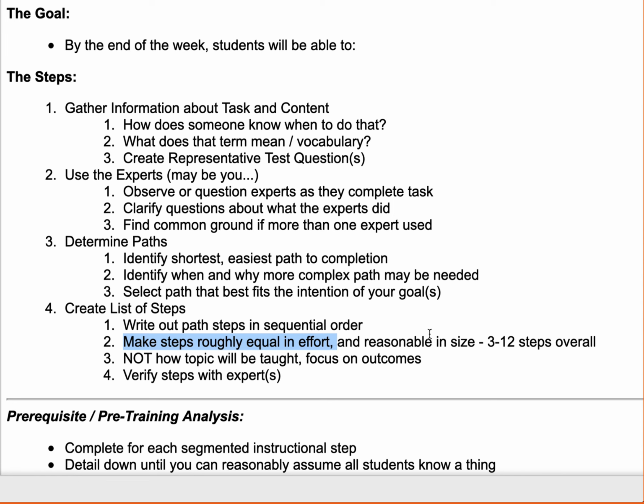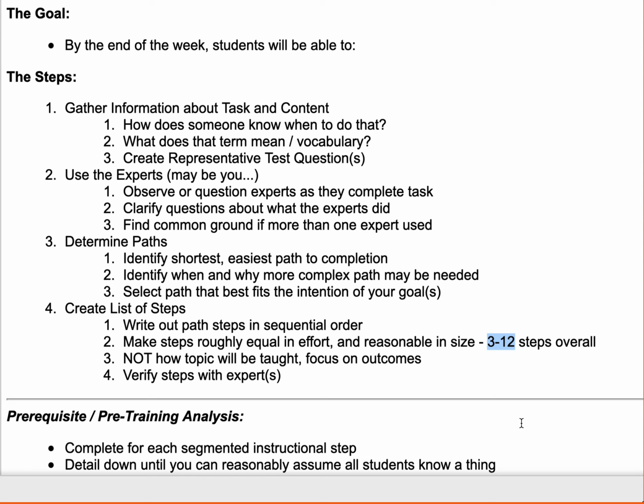And in terms of number of steps, I know this is a pretty wide range, 3 to 12. But if you're dealing with a single learning goal, a single SMART goal, it should be somewhere in that range and probably in the middle of that range. If it's fewer than 3 steps, then it's probably not much of a goal.